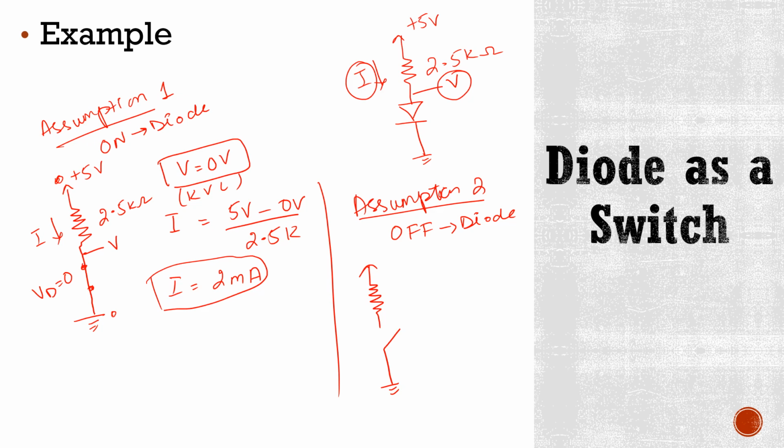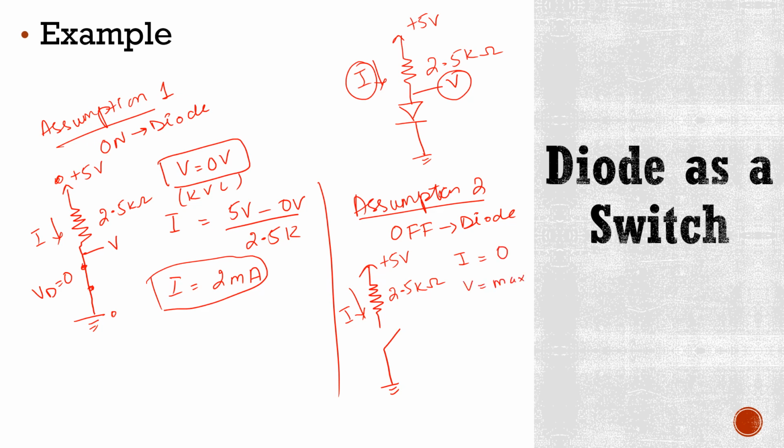Now here is plus 5 volts, this is 2.5 kilo ohms, and this is ground, and this is current. Now when the diode is reverse biased, then we know that current is 0 and voltage is maximum.